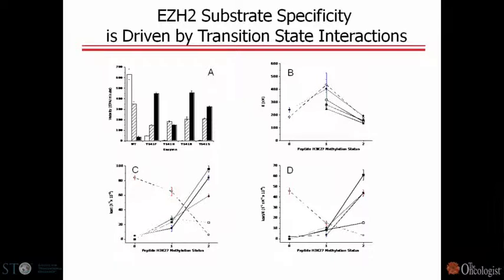It also allows us to take the kcat and KM values, all that biochemistry that you tried so hard to forget as first-year medical students, and derive an equation that would allow us to predict the levels of mono-, di-, and trimethylation in cells.